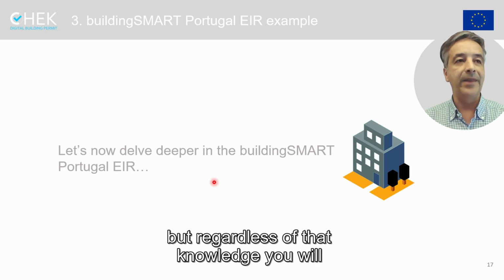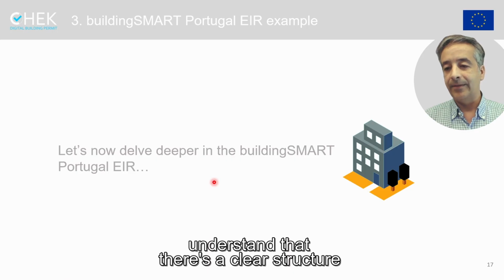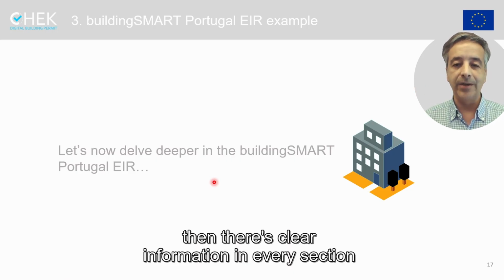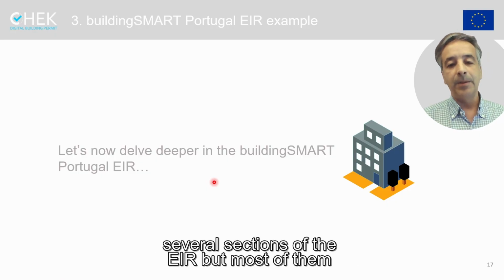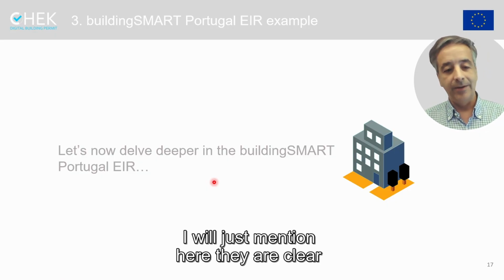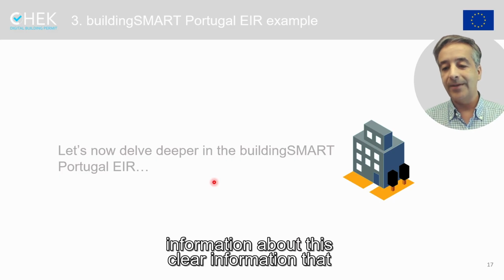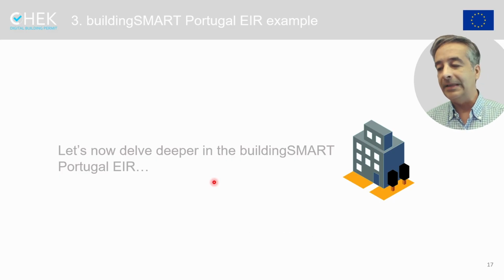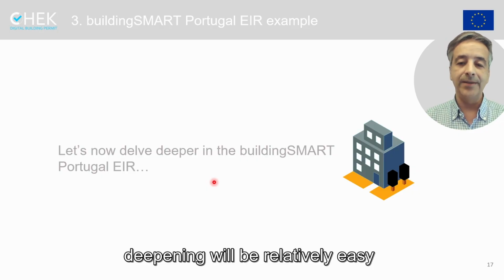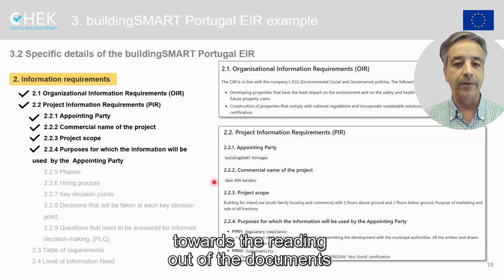But regardless of that knowledge, you will understand that there's a clear structure, and clear information in every section. So I'm about to dive into the several sections of the EIR, but for most of them I will just mention that here is clear information about this, clear information about that, for the sake of your time as well. Deepening will be relatively easy by reading the document.